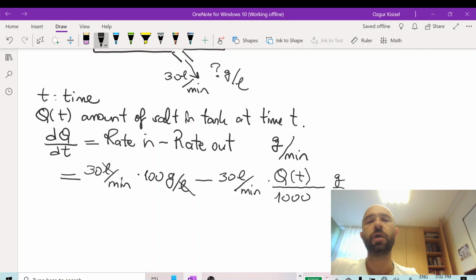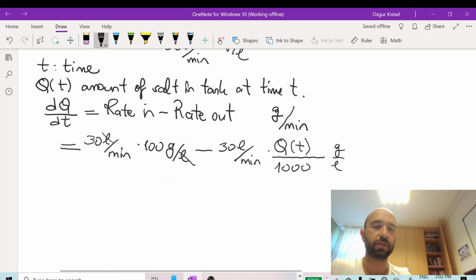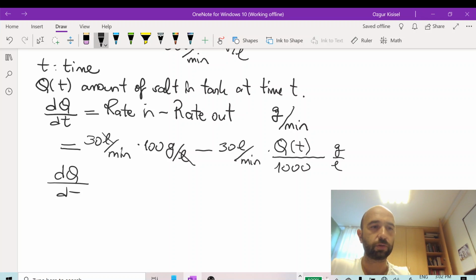If you have Q(t) grams in the whole tank, and the tank contains 1000 liters all the time, the volume doesn't change in this problem, then in 1 liter you would have this much, Q over 1000. In this sense, we now see that this is not a calculus question, it's not an arithmetic question, it's a real differential equations question, because both on the left and on the right you have Q.